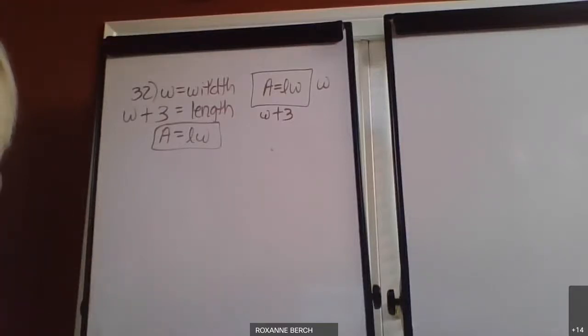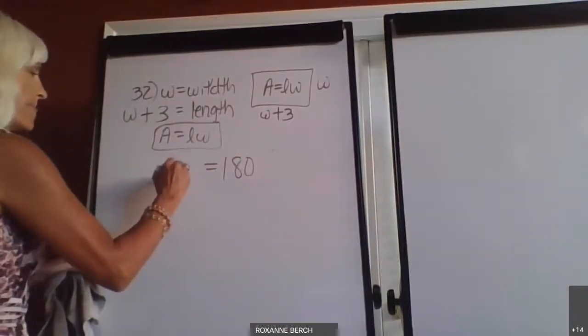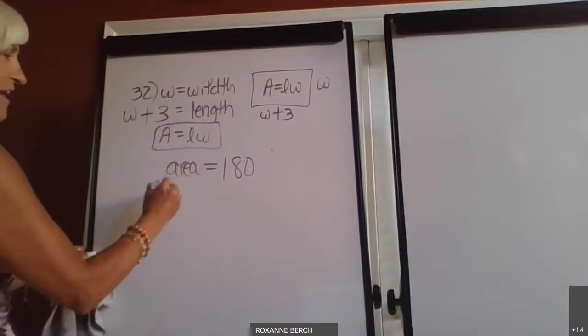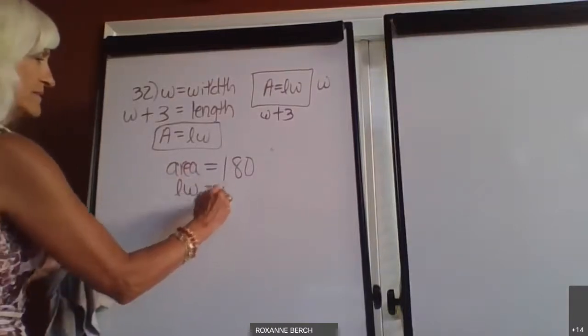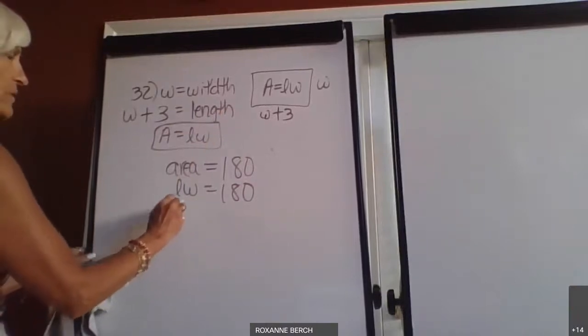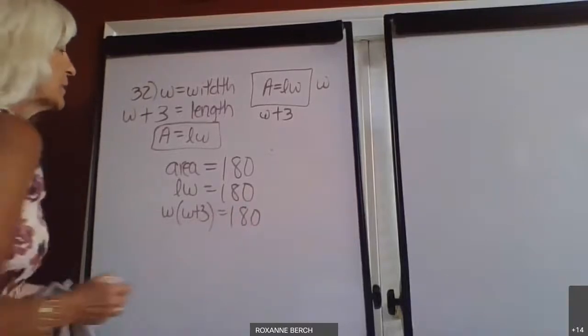The area of the parking lot is 180. This is easier, right? Because don't we just have to put length times width in? And what's the length times the width? Isn't that W times W plus 3? So this was a lot easier.